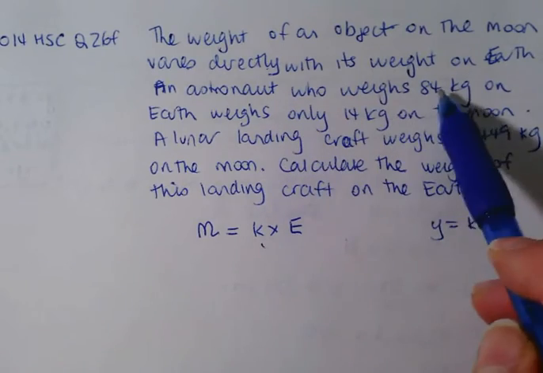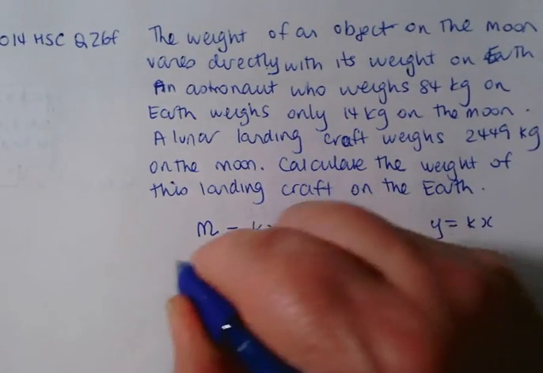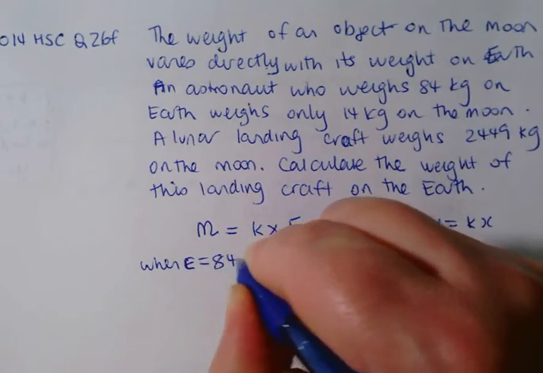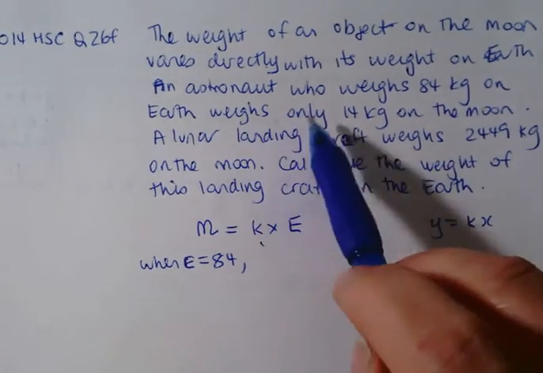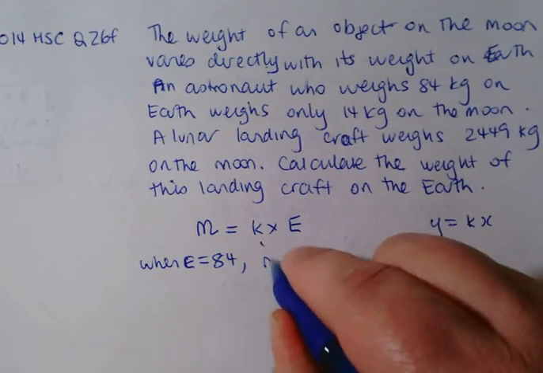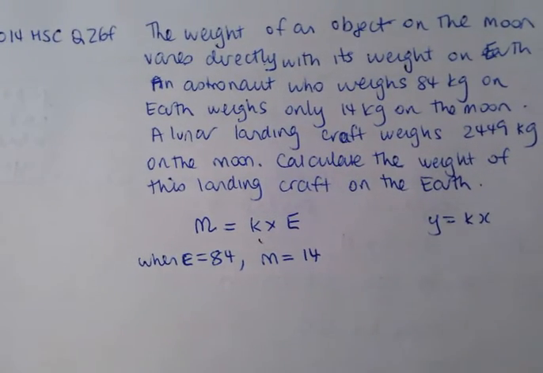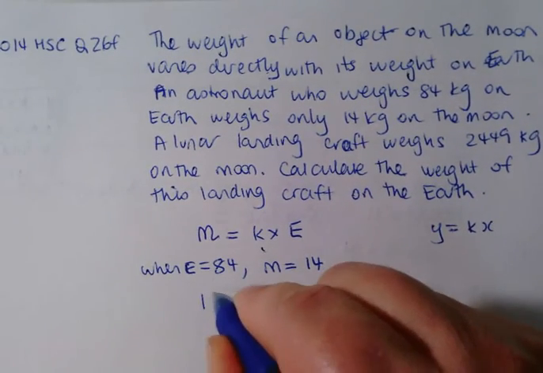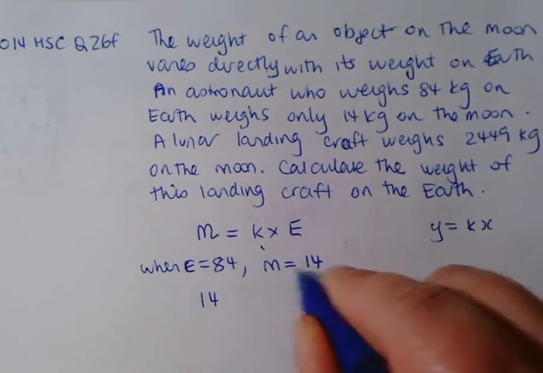An astronaut who weighs 84 kilograms on the Earth, so when e is 84, only weighs 14 kilos on the moon, so m is 14. So we substitute that in. When e is 84, m is 14.